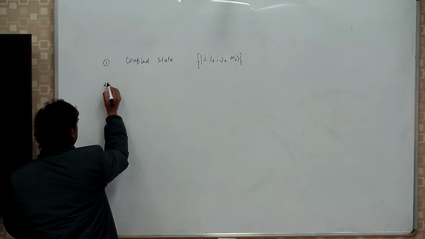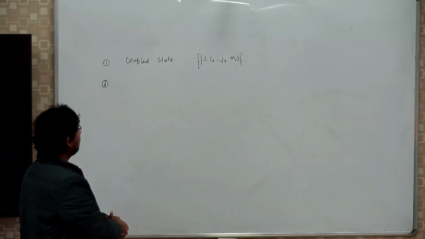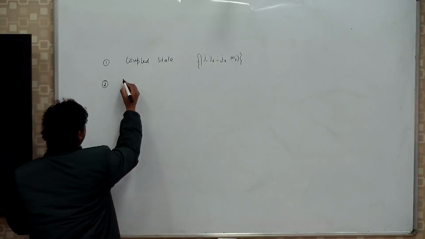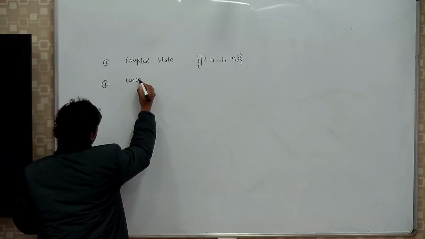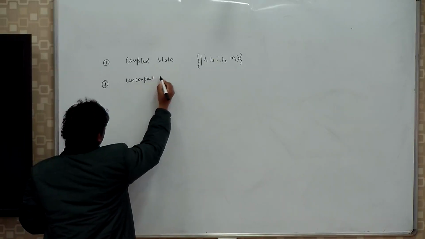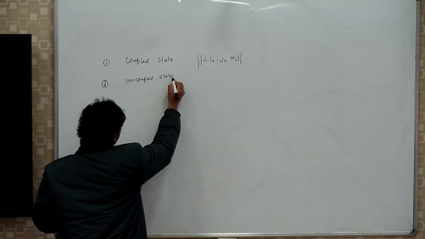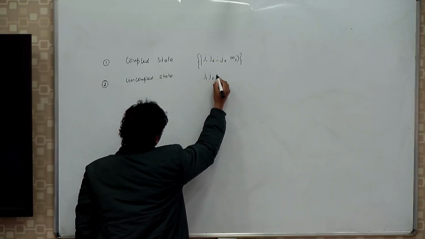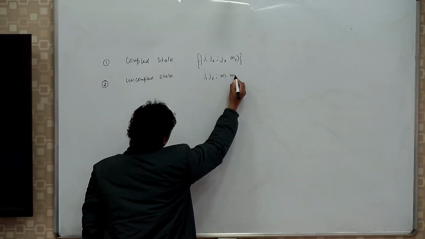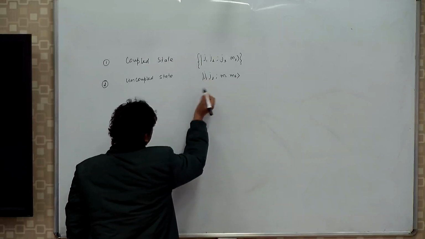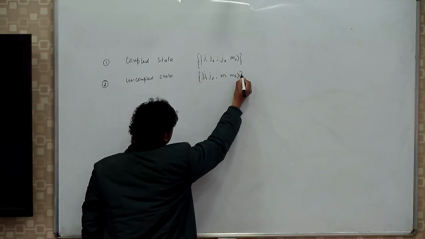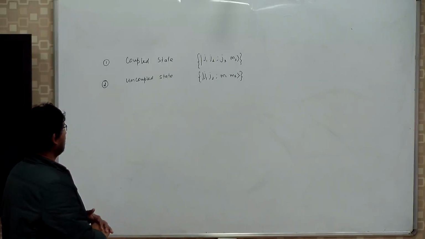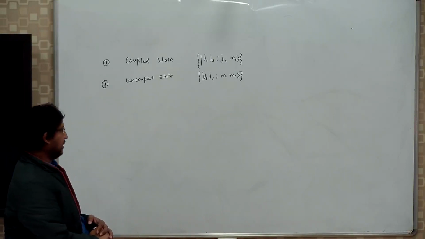And the second way we can do the addition of angular momentum is by uncoupled states. These uncoupled states can be written as the state vector |J1, J2, M1, M2>, and the set of state vectors for the uncoupled state is written as |J1, J2, M1, M2>.